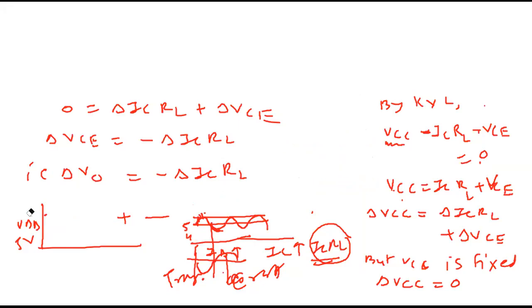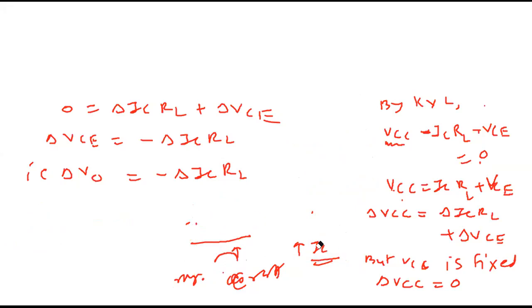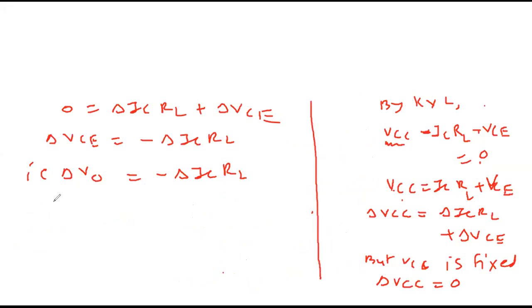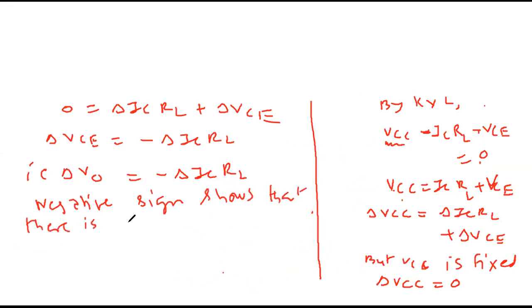So the negative sign indicates that there is a phase shift of 180 degrees. Okay? Negative sign shows that there is a phase shift of 180 degrees.